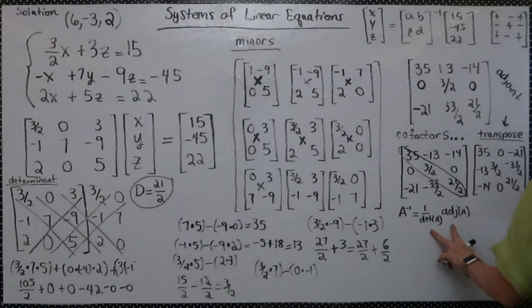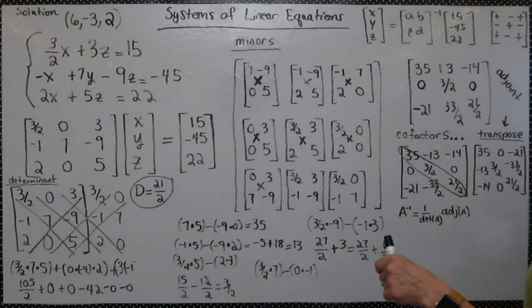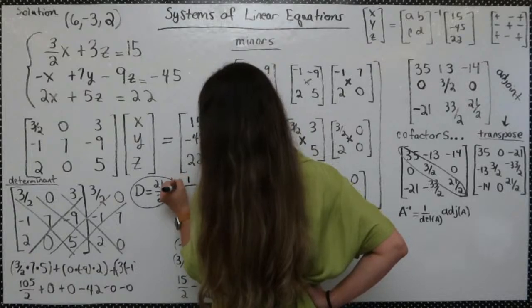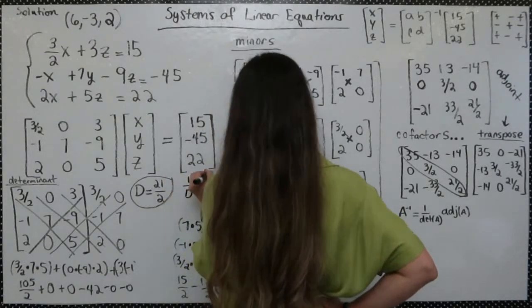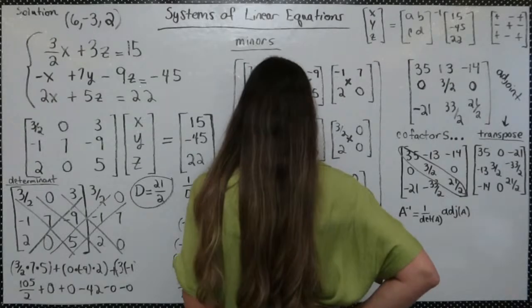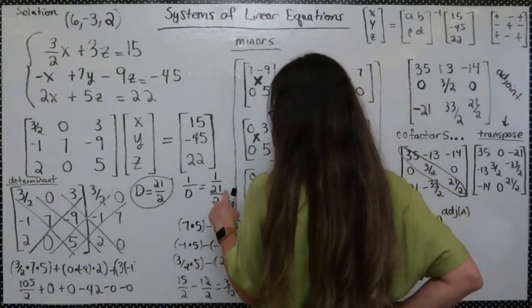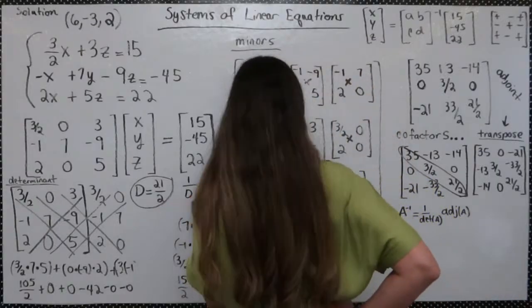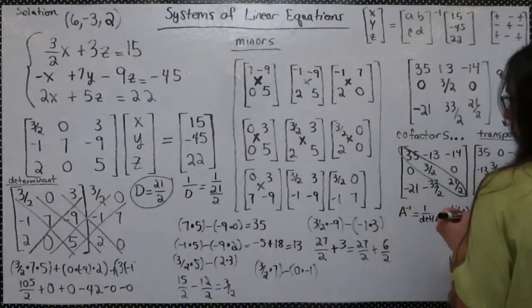So all we have to do now to calculate this inverse is multiply this matrix by 1 over the determinant. So 1 over D is going to equal 1 over 21 over 2. What we're going to do is invert and multiply, so it becomes 2 over 21.